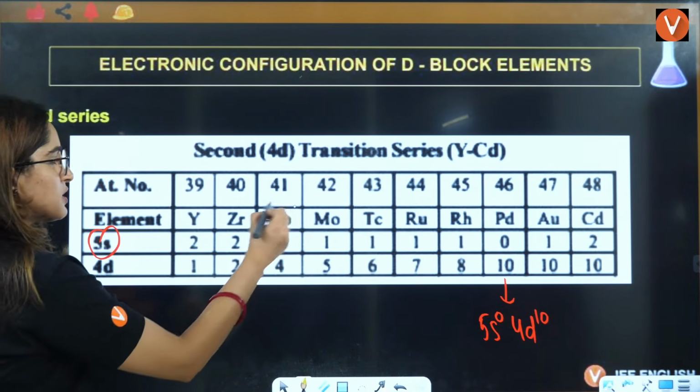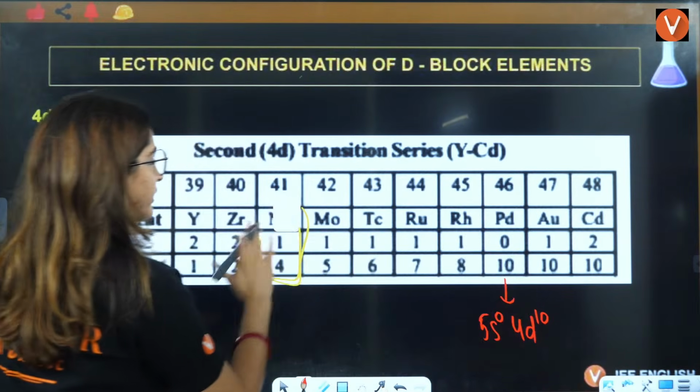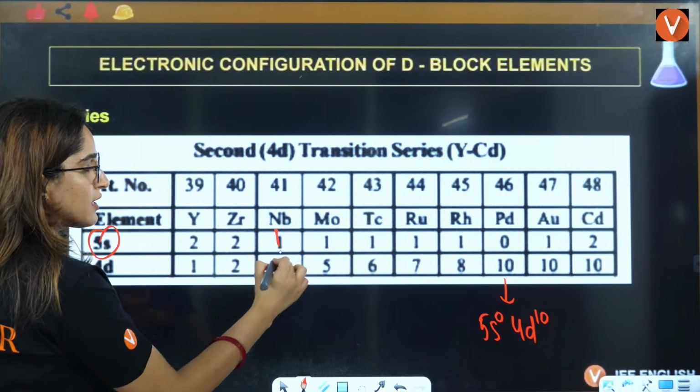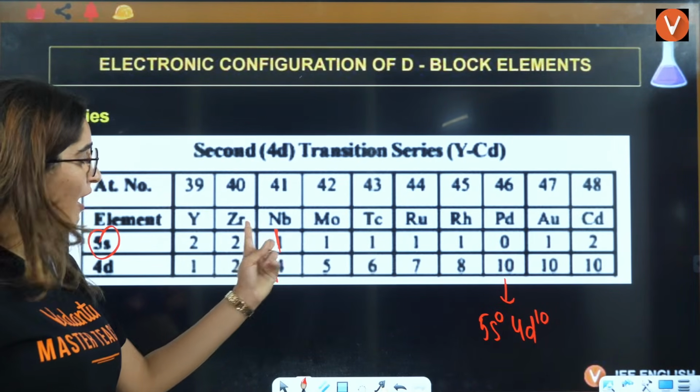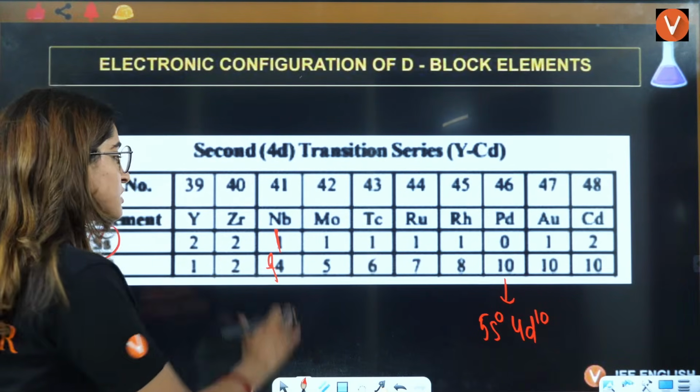Can you see this here? It is supposed to be 2 and 3, but it is 1 and 4. Can you see one electron jumped here? It is not even making it stable, still it jumped. That is the exception.